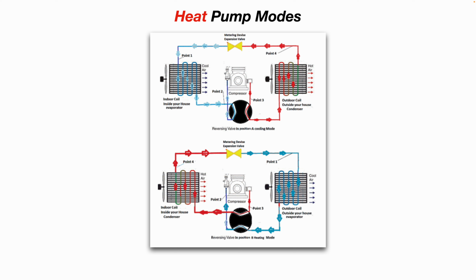However, if you look at the bottom diagram, you see in position B, in heating mode, the flow is the opposite. So basically a heat pump works like an air conditioner in reverse, in heating mode anyway. Another nice thing about heat pumps, what's helped make them more energy efficient, is usually the compressors are variable speed.